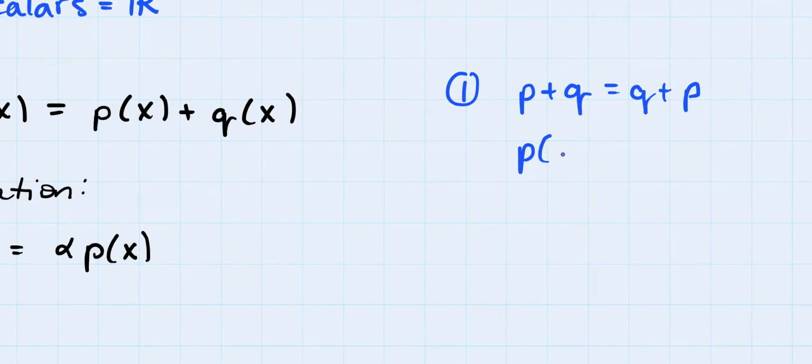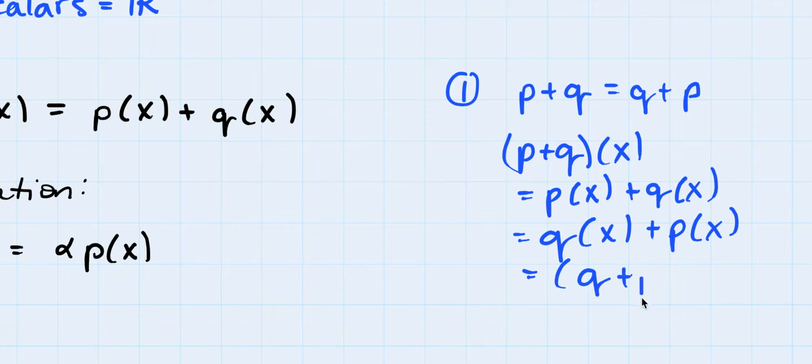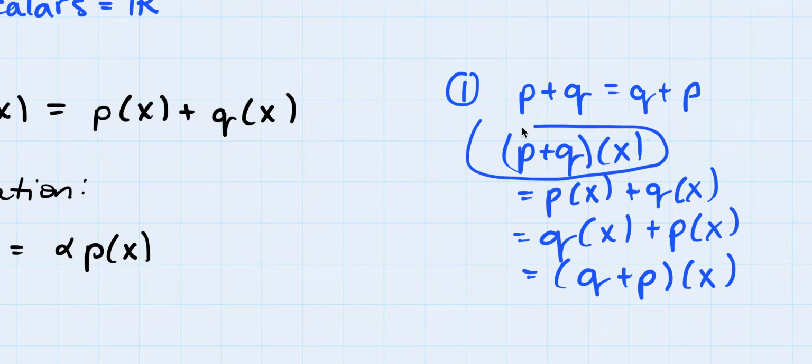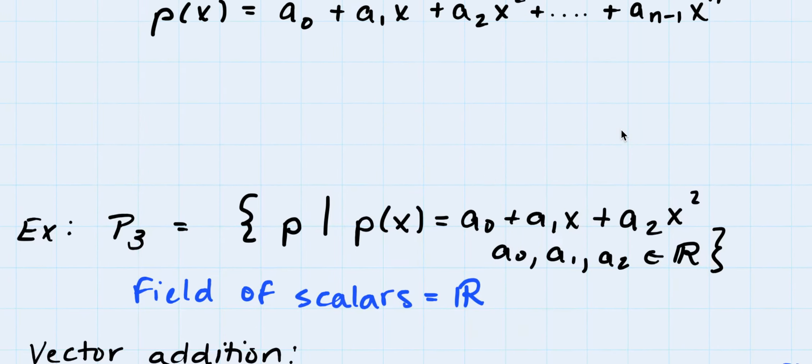So you can see that p plus q of x is p of x plus q of x, but you can rewrite this as q of x plus p of x, and this is q plus p of x. So since this holds true for any value of x, then p plus q is q plus p. You would show the rest of the properties in a similar way.